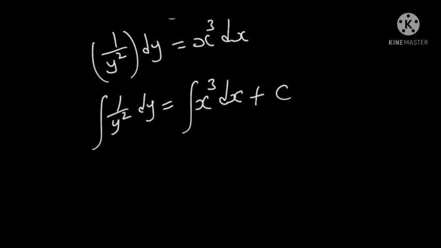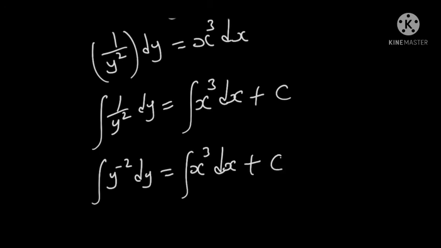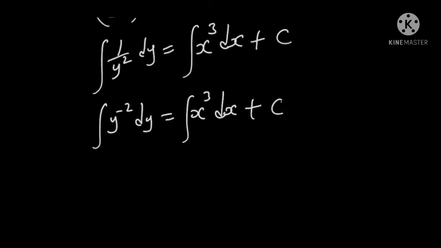1 over y squared can be written as y to the minus 2 dy, equals to integral of x cubed dx plus c. Now we need to add 1 to minus 2, that will give us minus 1, then divide by minus 1, which will simply be minus 1 over y, equal to x to the 4 over 4 plus c.